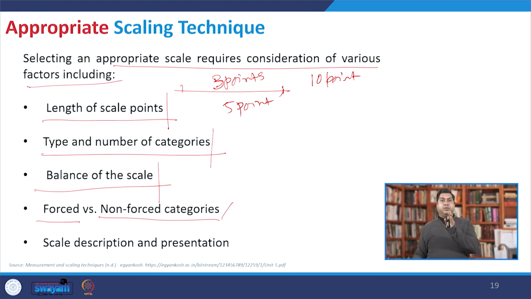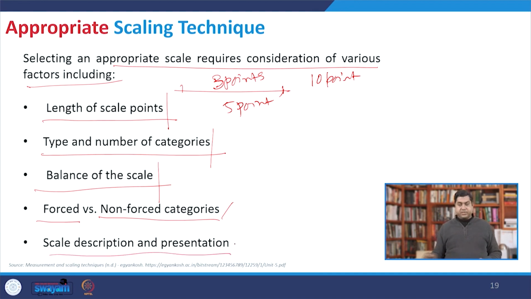You can't say that you're neither positive nor negative, you have to take negative or positive. So I force a person to take a call which is nearest to their position, but definitely that is something forced.